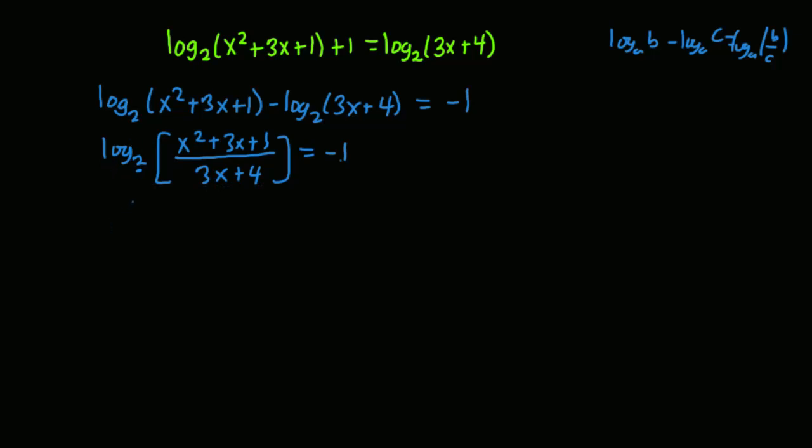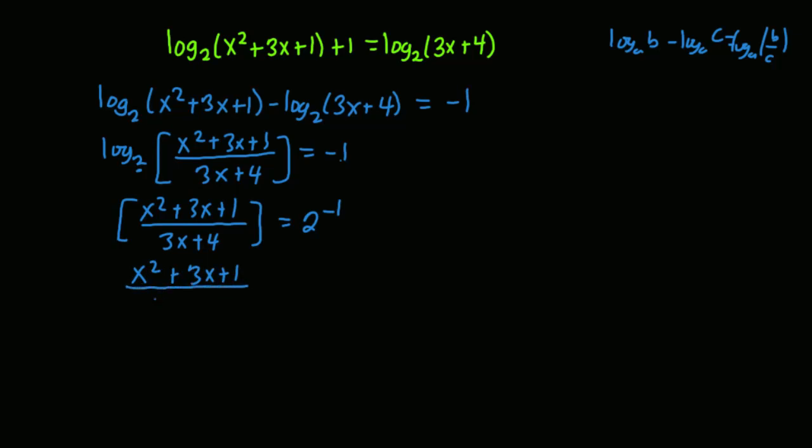So this will give us x squared plus 3x plus 1 all divided by 3x plus 4 should be equal to 2 exponent -1. So we get x squared plus 3x plus 1 all divided by 3x plus 4 is equal to 1 on 2.